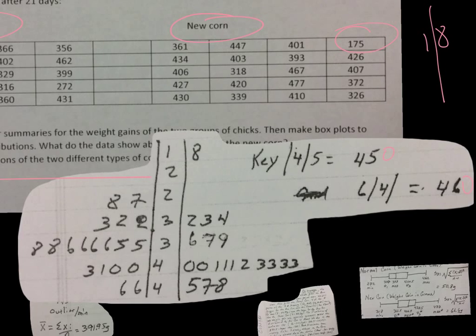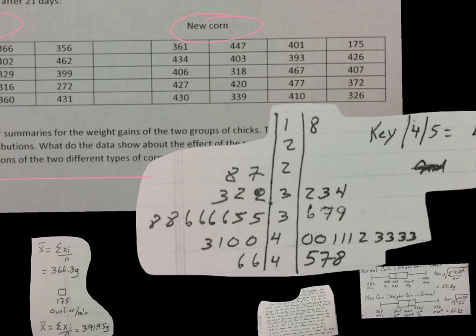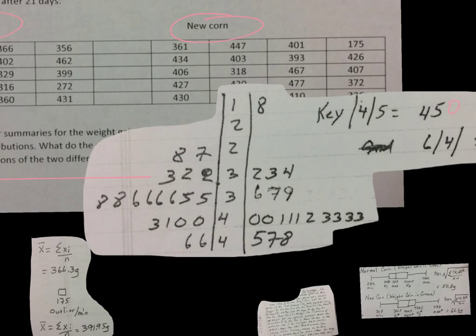Okay? Now, with that being said, let me go ahead and erase all these other things. There we go. Now, I don't want to erase that. All right, so now, notice with this right here, the outlier.